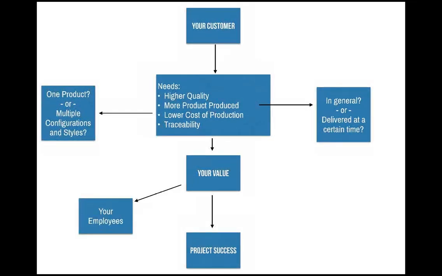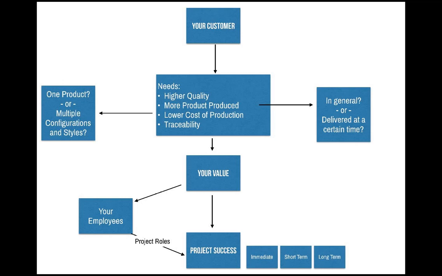That's really made by your employees, understanding how they can contribute to that value and giving them opportunities to use data and digital manufacturing to do so, and allowing them to be successful within their project roles. I also think that it's very important to look at project success in terms of immediate, short-term, and long-term.